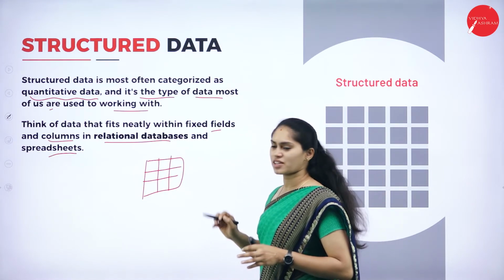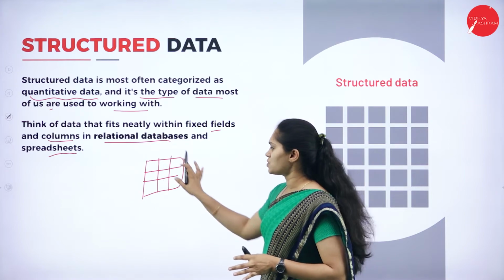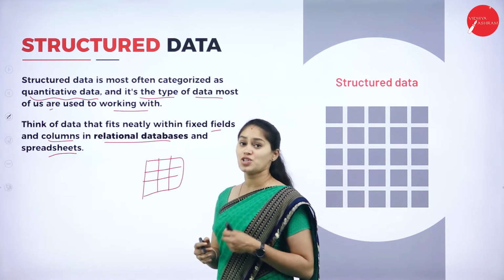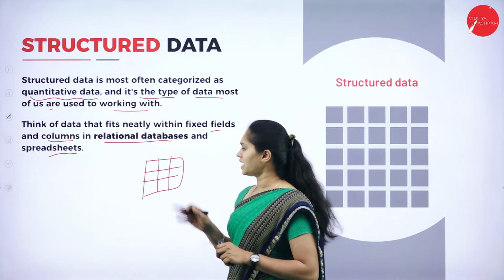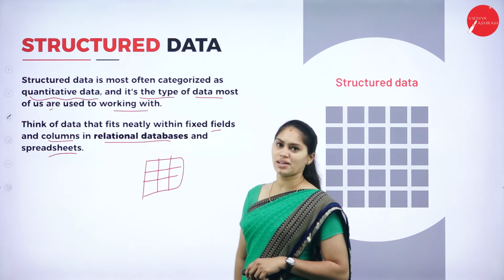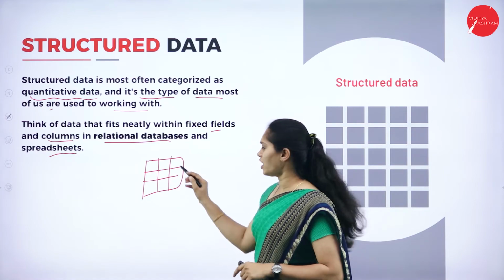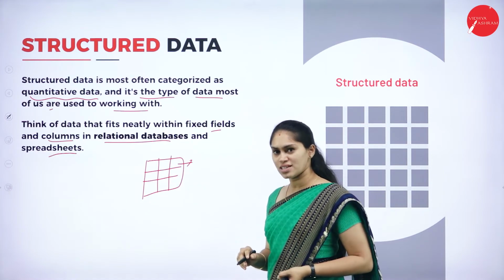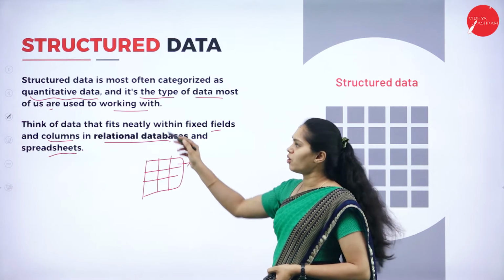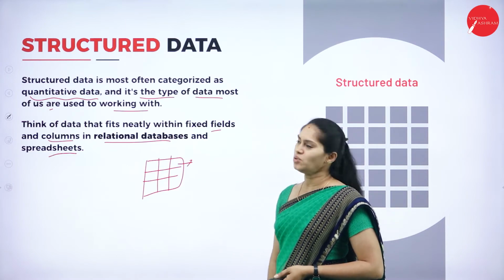It is somehow structured in nature. It follows some rules and regulations in order to store the data and information. This kind of data is termed structured data. Here I can measure how many columns, fields and rows I have. I can count it. That is why it is related to quantitative data.